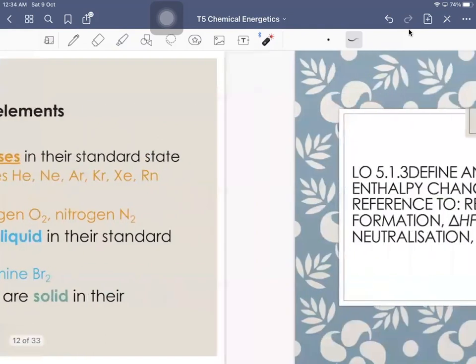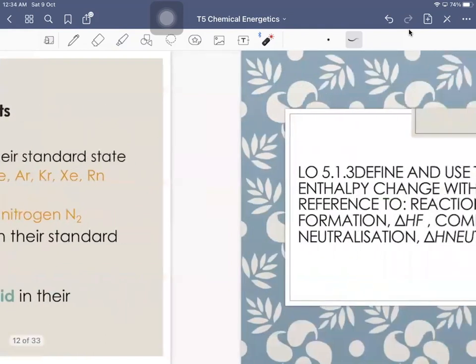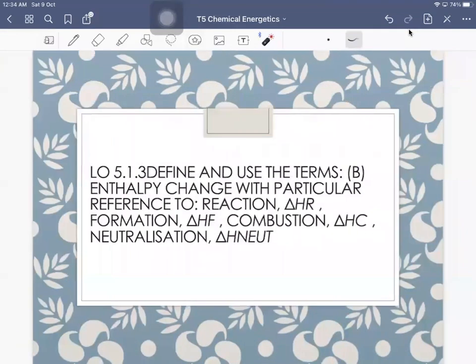Okay, moving on. Now we move on to the specific enthalpy changes. You will look at enthalpy change of reaction, which is quite general, enthalpy change of formation, where you see the symbol as delta HF, combustion, delta HC, and neutralization, delta H neut.